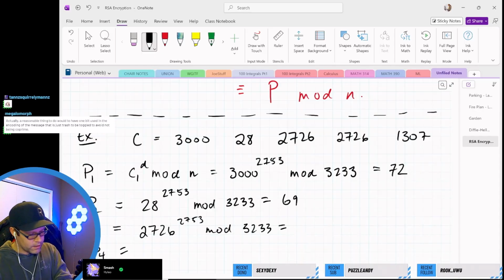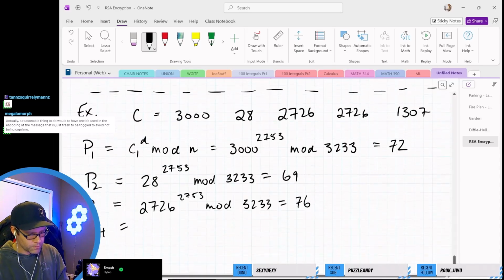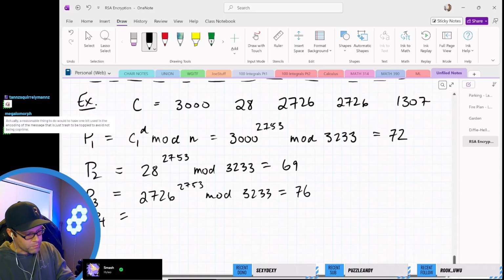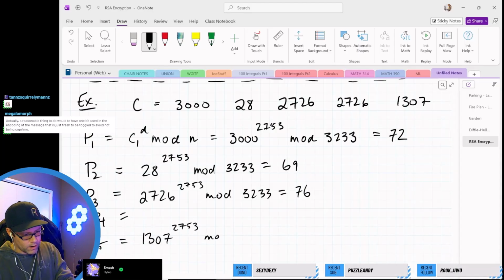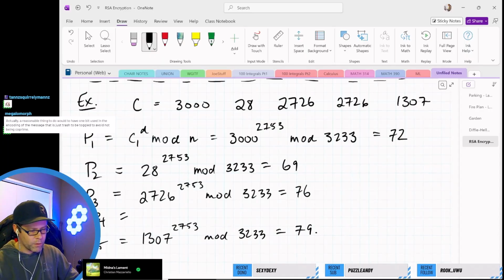Yeah, that's fine. These should both come out to be 76. And then we have P5, which is 1307 to the 2753 mod 3233. That's going to pop out to be our original 79 that we were looking for.